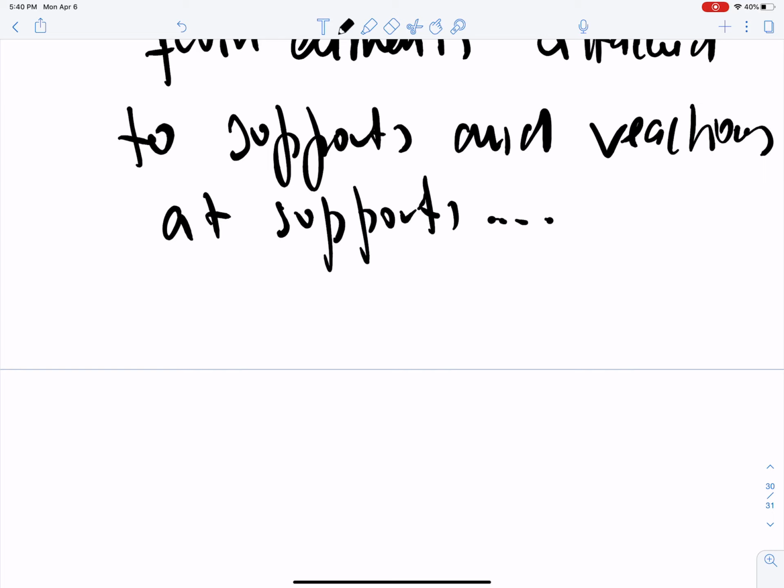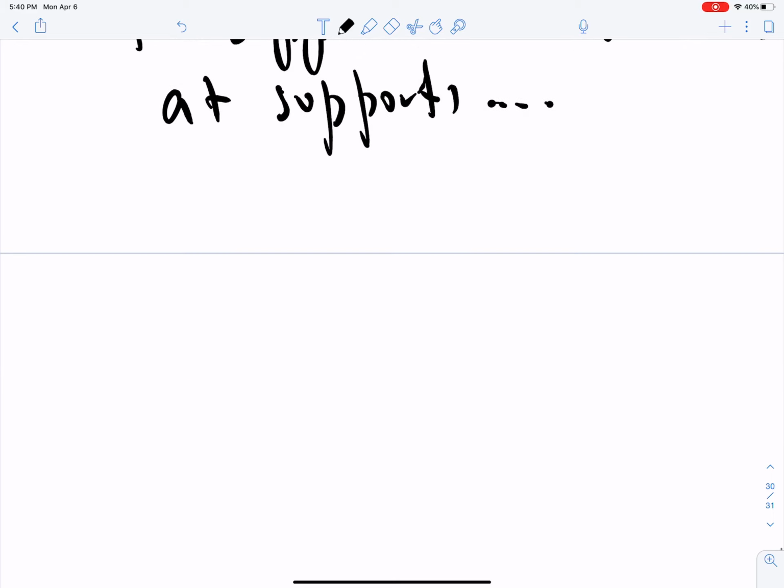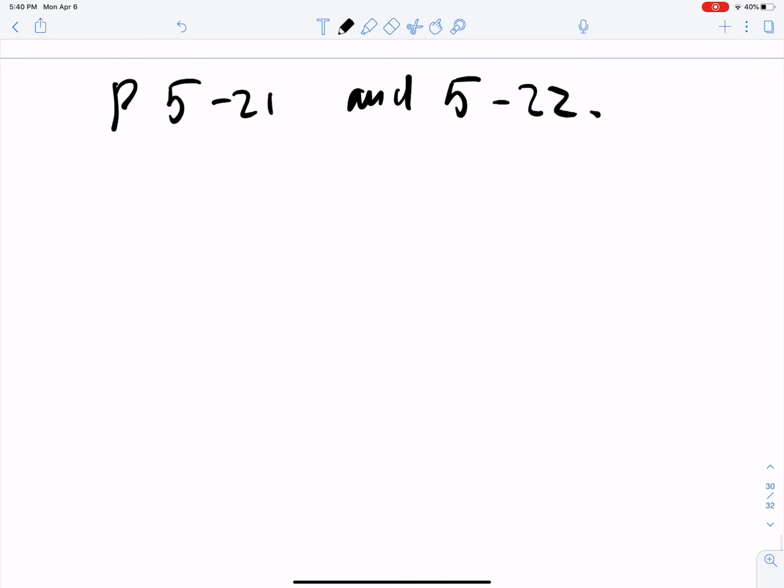Right. And so if you follow the developments on pages 521 and 522, right, you find that P4, which is the X force at node 1, right, becomes 15.8982 kilopounds.